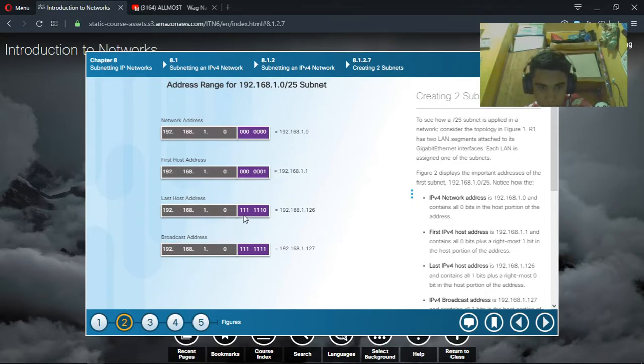For the first host address, all of the host bits should be 0 except the last, which should be 1. Then for the last host address, all of the host bits are 1 except the last, which is 0.